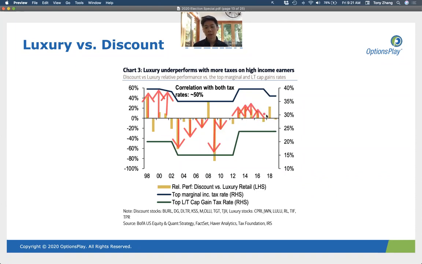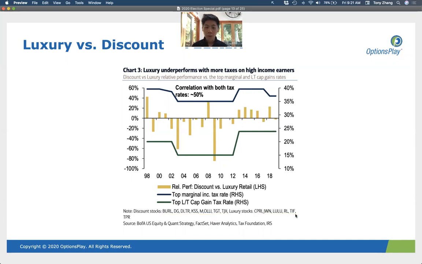So if tax rates are going higher, the expectation is that discount retailers such as Burlington, Dollar General, Dollar Tree, these types of names will outperform versus stocks like Lululemon, Ralph Lauren, Tiffany's, Nordstrom's, those types of names that have tended to underperform during higher tax bracket administrations.